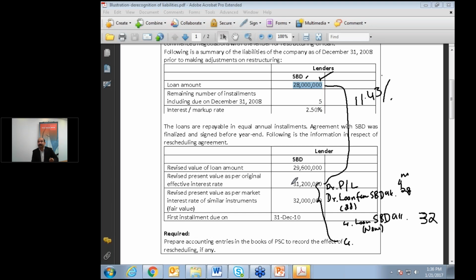But when we recognized the new loan, we applied 32 million because this new loan is being initially recognized.